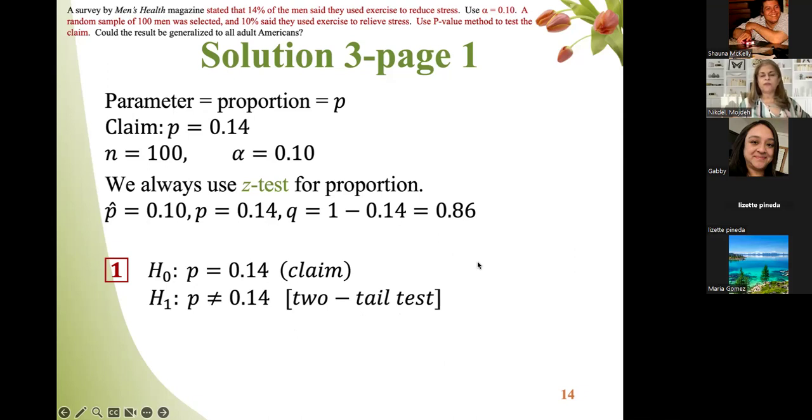You do have a question in the chat. Okay, what is it, Shauna? I cannot see the chat. P-hat is like x-bar, right? Only that it is for the proportion. P-hat is the sample proportion. X-bar is the sample mean.